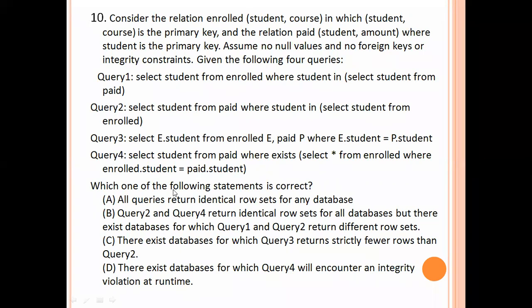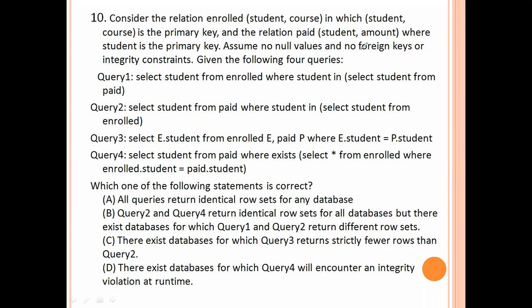Consider the relation enrolled (student, course) in which student, course is the primary key, and the relation paid (student, amount) where student is the primary key. Assume no null values and no foreign keys or integrity constraints. Given the following four queries, Q1: select student from enrolled where student in (select student from paid).